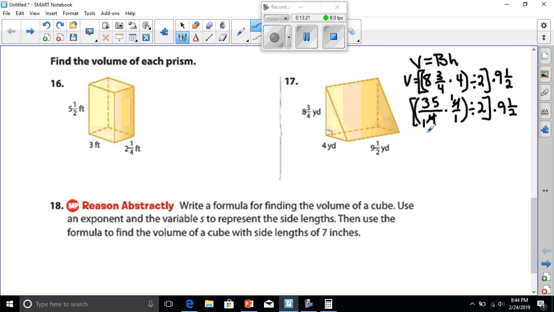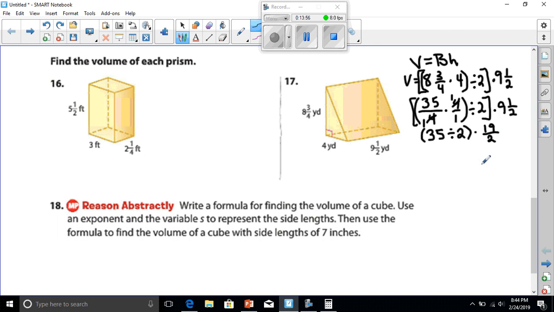So this is basically 35 divided by 2, right? And then we're going to multiply that by 9.5. And you know what? I'm just going to turn 9.5 into an improper fraction right now, because I know once I've got my answer here, I'm going to have to go ahead and combine it here as well. So 9 times 2 is 18. 18 plus 1 is 19. So that makes 19 over 2.